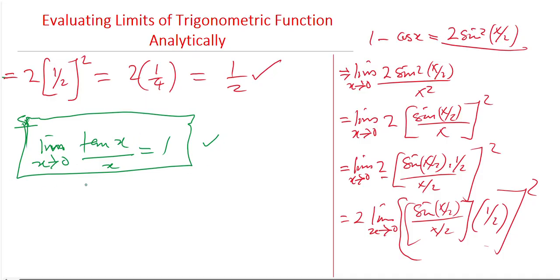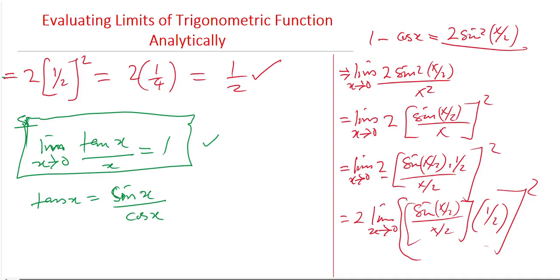We know from the trig identity that tan x is the same thing as sin x all over cos x.